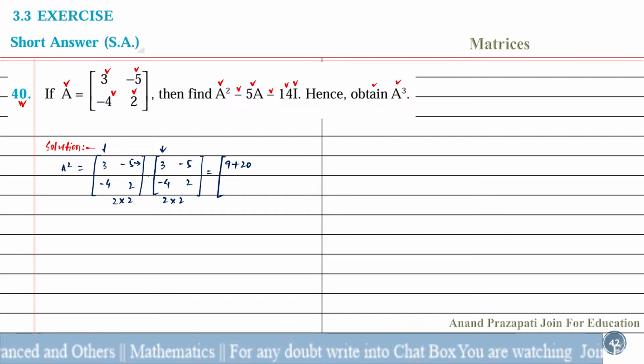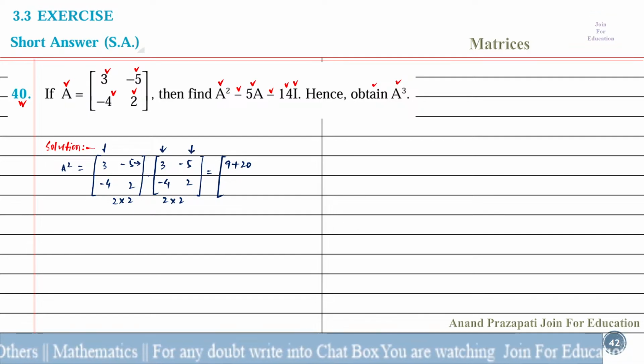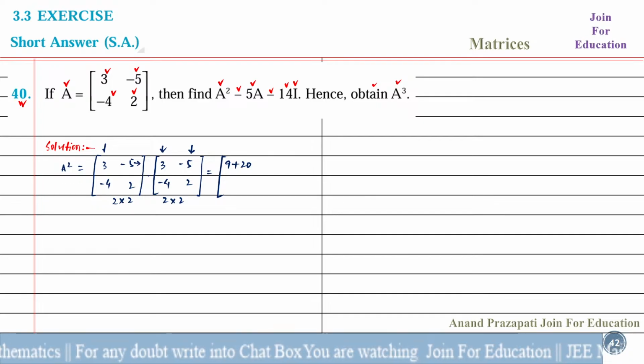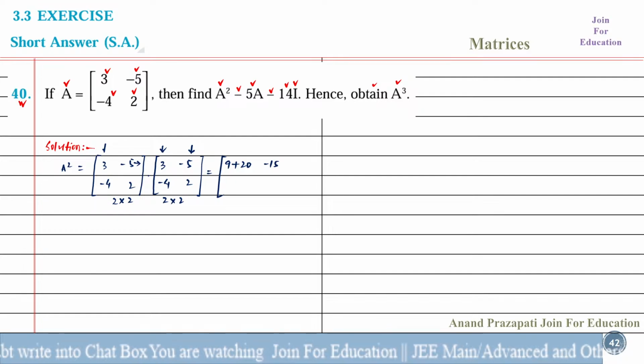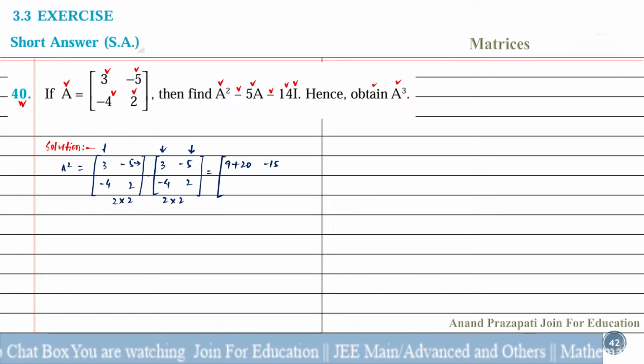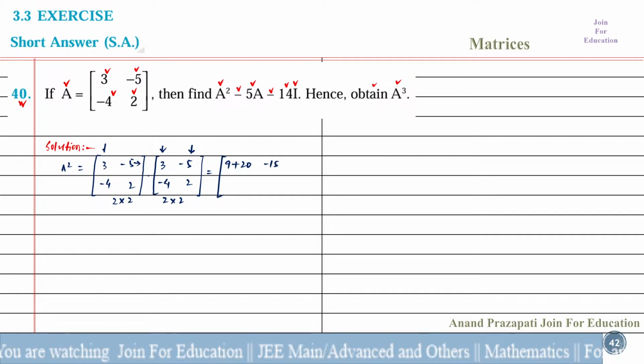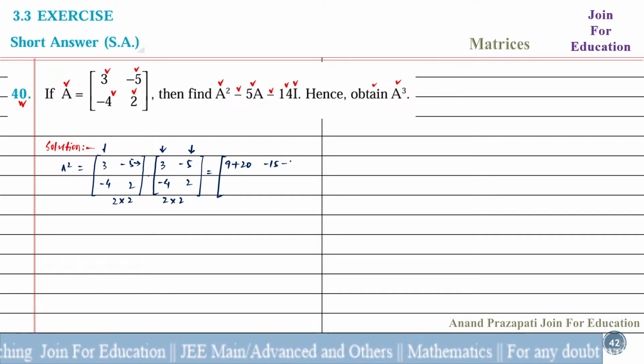First row along second column: 3 into minus 5 equals minus 15 and minus 5 into 2 equals minus 10. So we write down here minus 10.